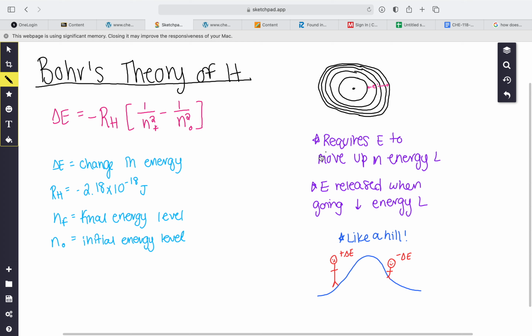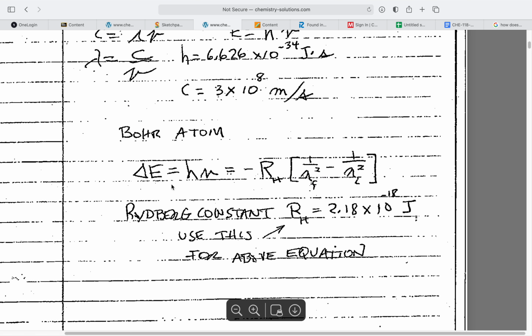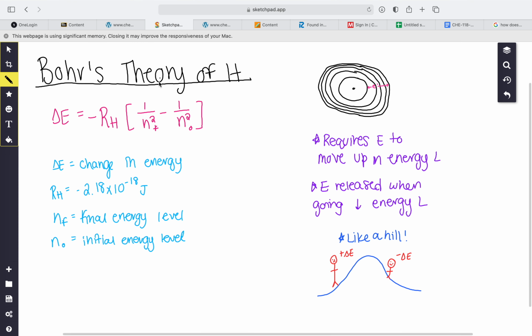We'll get into that in just a little bit, but the equation for this is that the change in energy is equal to negative R_H, which is negative 2.18 times 10 to the negative 18 joules. I'm going to check and make sure that that is right. Yep, okay. Just wanted to check because the two 18s being there were kind of suspicious to me, but we're all good there.